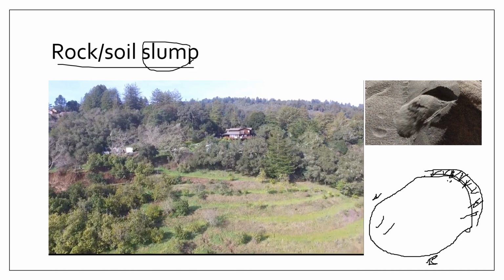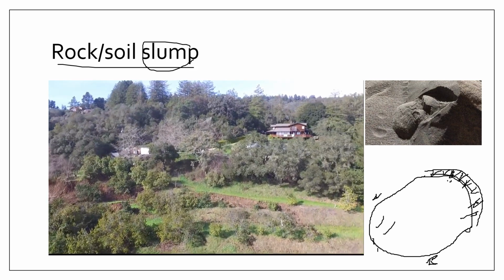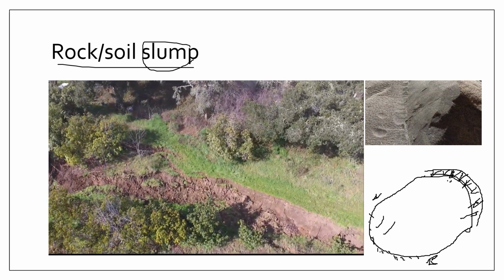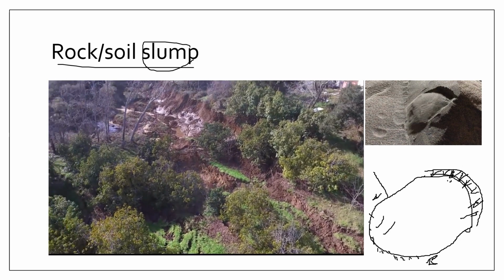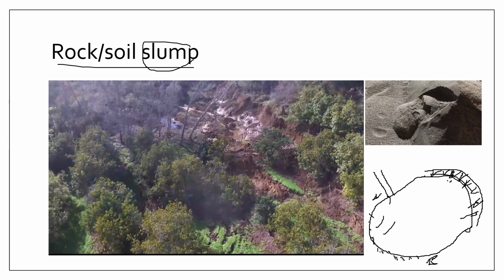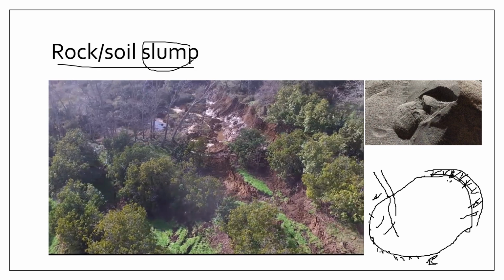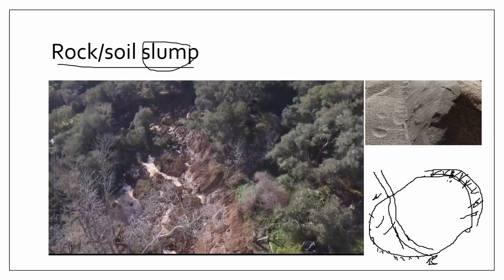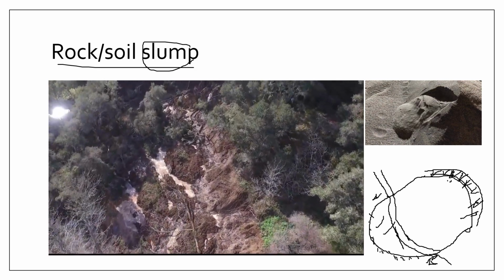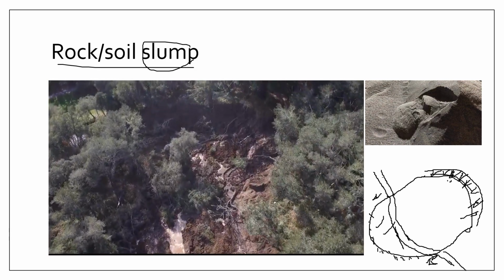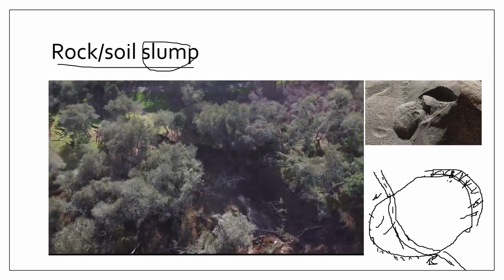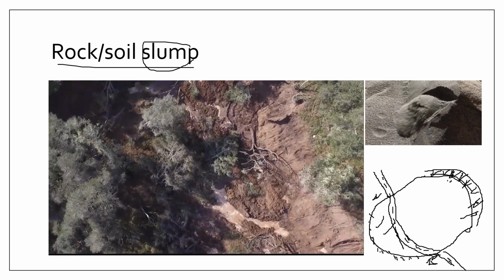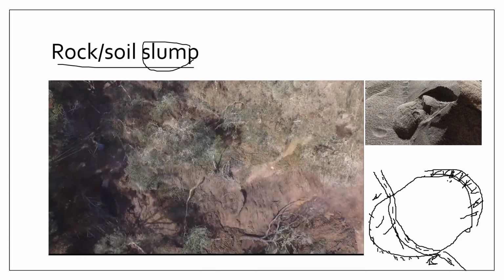And then this part is actually bulging. And as you can see in the video, there was a road that was displaced. Right, so that's the road that was displaced by the slide.